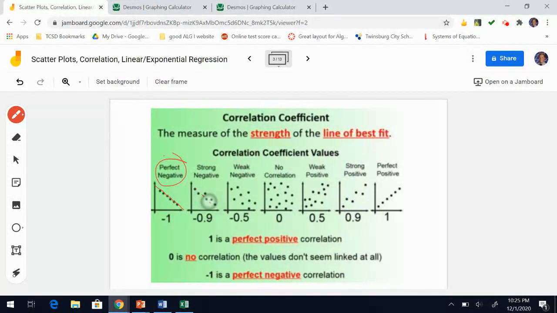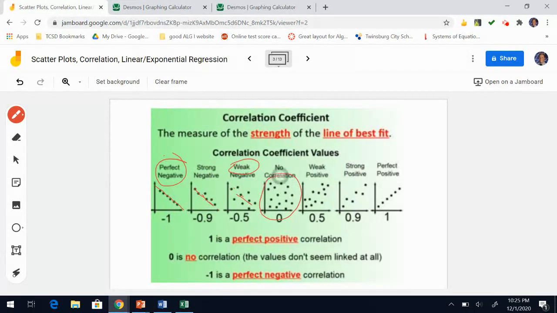Here, this is pretty close too. You can kind of see how that travels through those. Here, it's weak, but you can see how the data tends to go negative. So that line of best fit is weaker than these two over here because obviously these data points are much closer to that line of best fit, which is the other word that I didn't put on the opening slide.